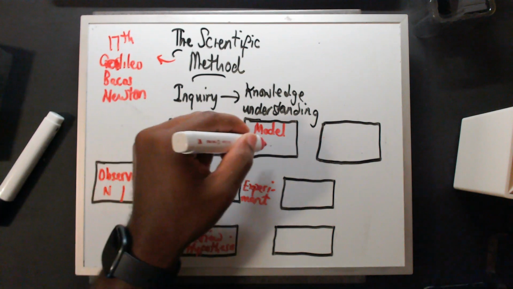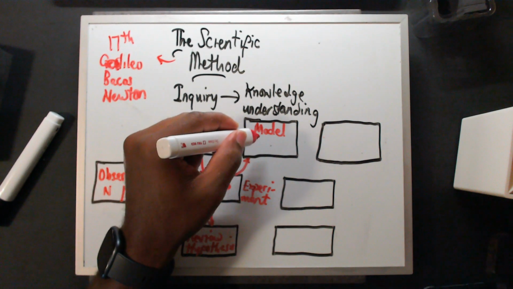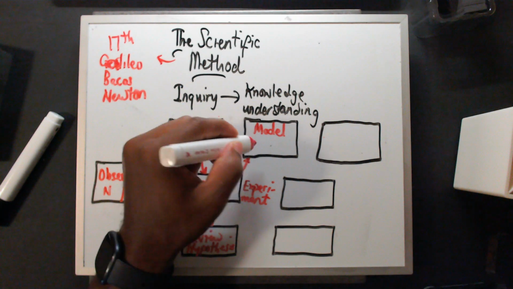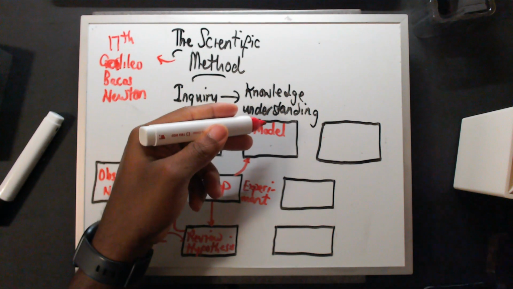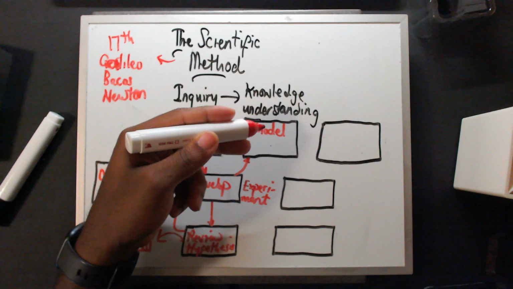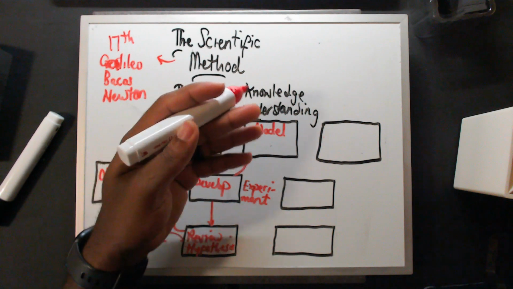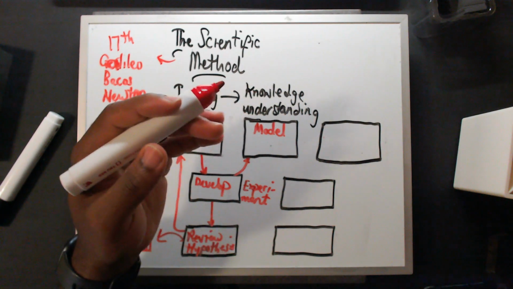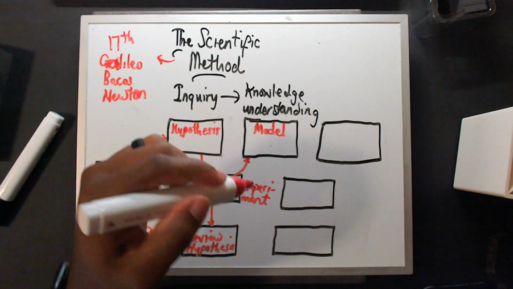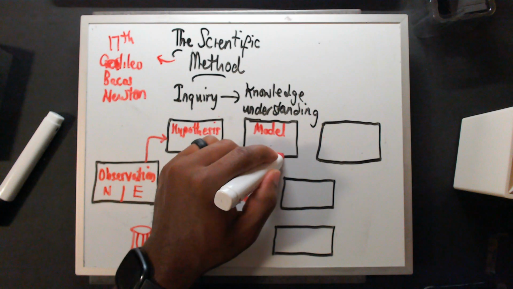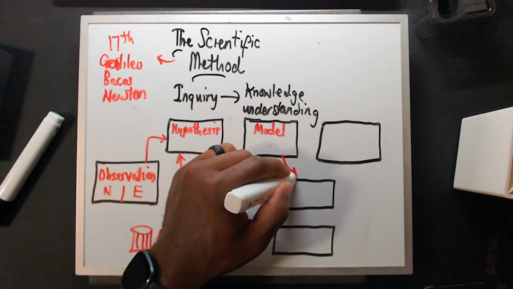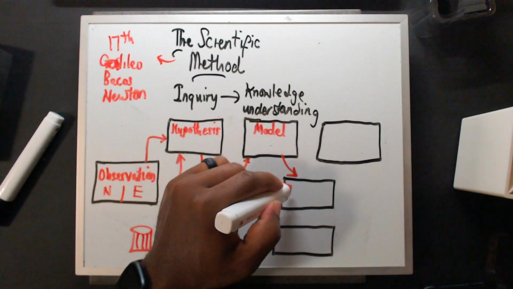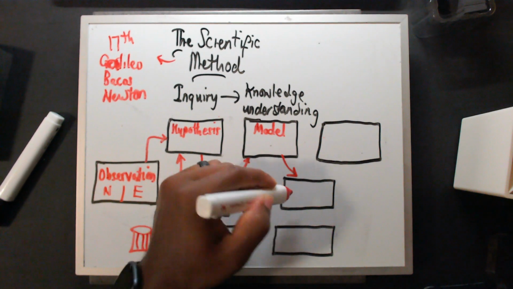Now, moving forward to the model stage, this stage is done to improve the hypothesis, and it could be one or many models that are developed. If you have one or more models, this is where competition comes into play. Take note that when it gets to this stage from the model, we have to improve the model's prediction.